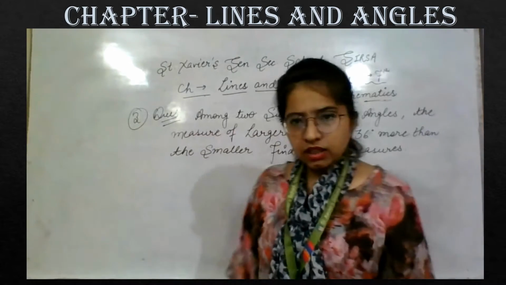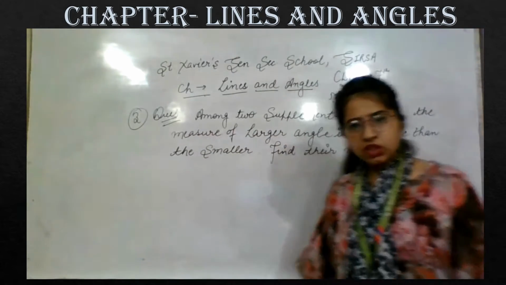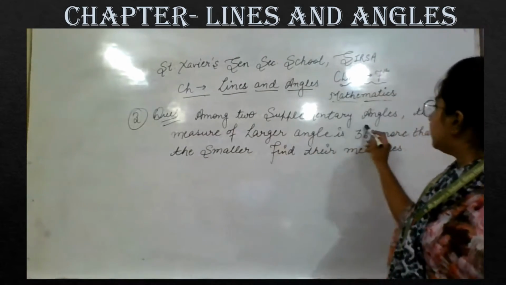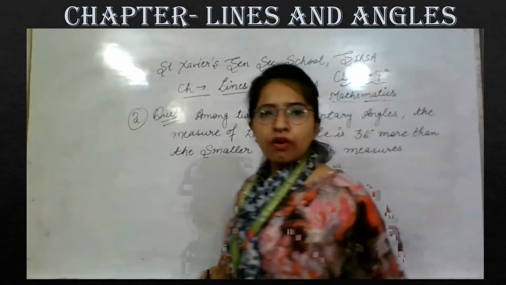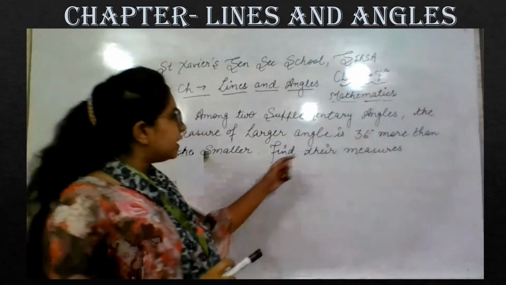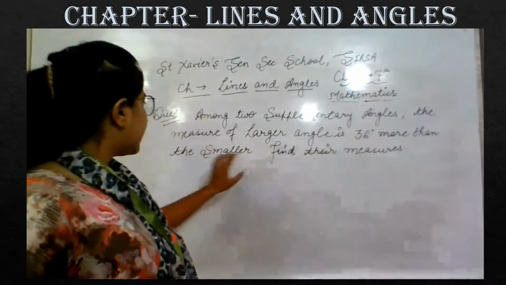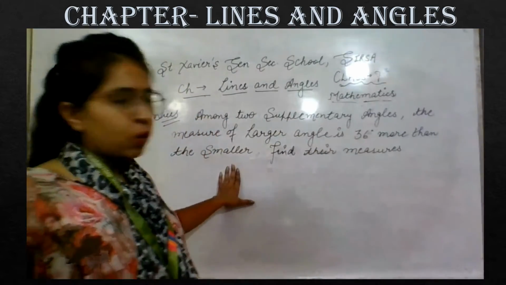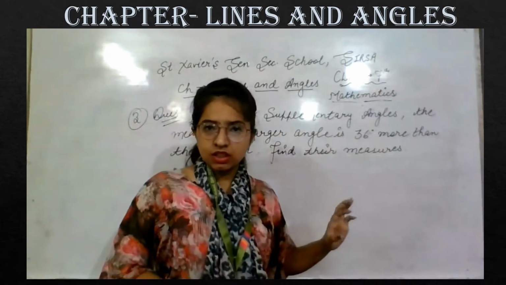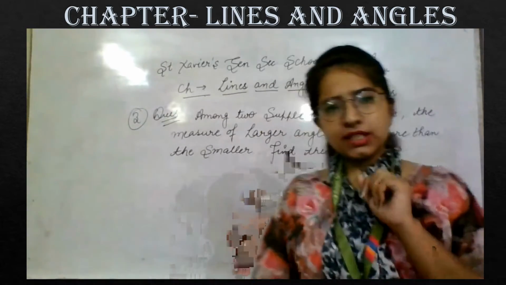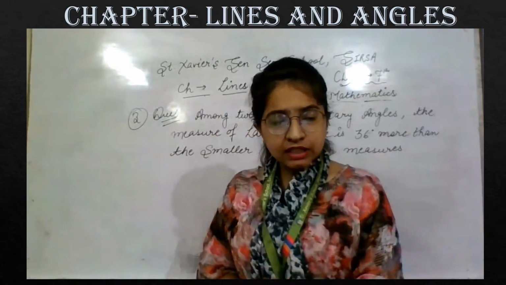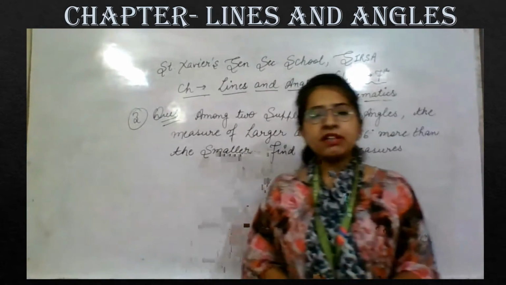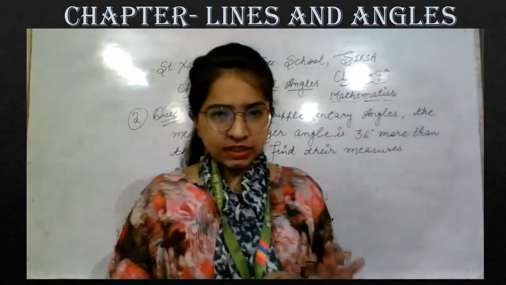So you can see the question number 3 on the board. Among two supplementary angles, the measure of larger angle is 36 degree more than the smaller one. Find their measures. So what's the question, students? Two supplementary angles. As we know very well that the sum of two supplementary angles is 180 degree, right?